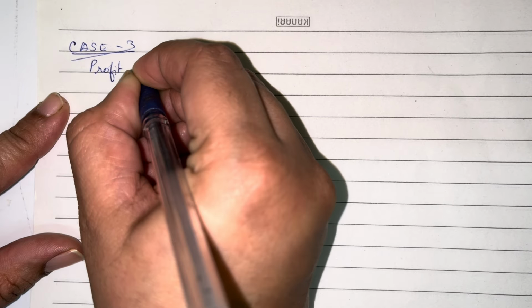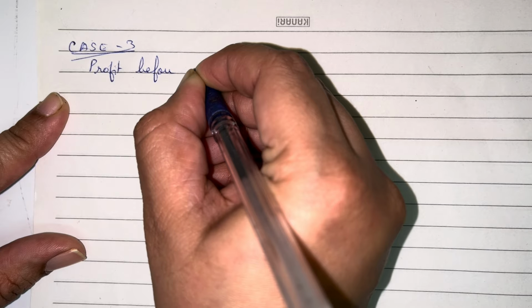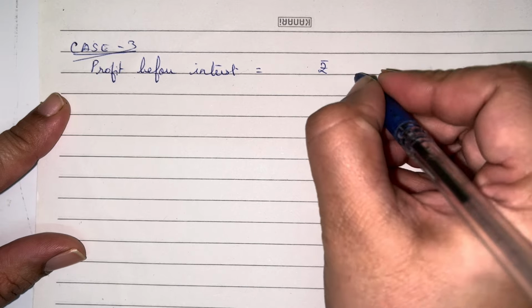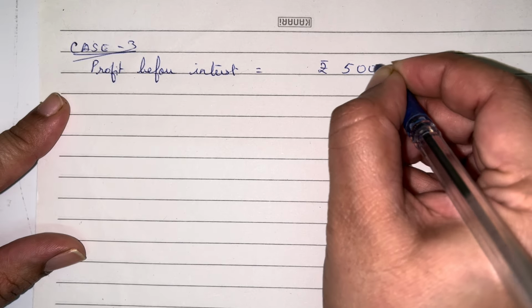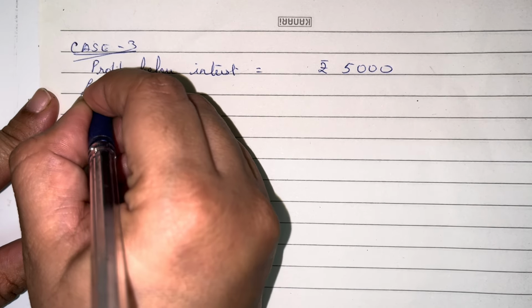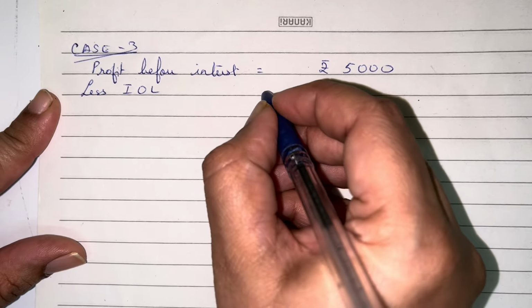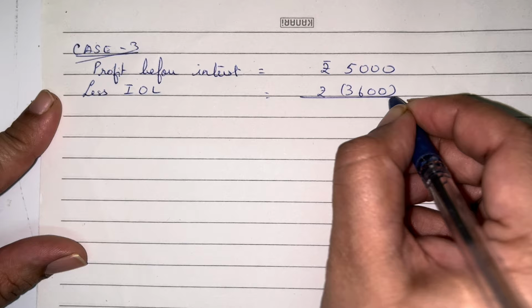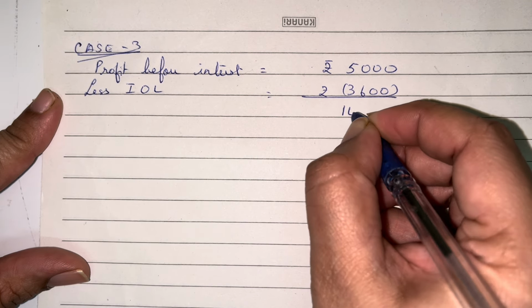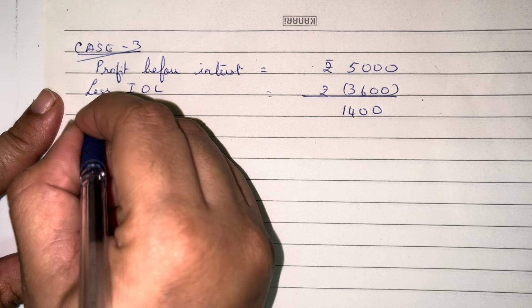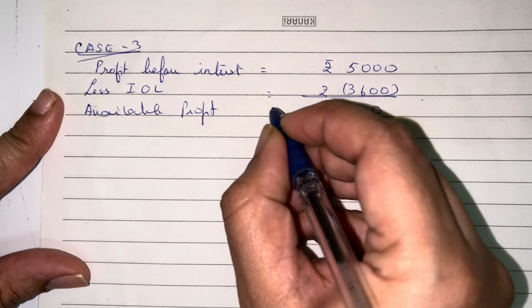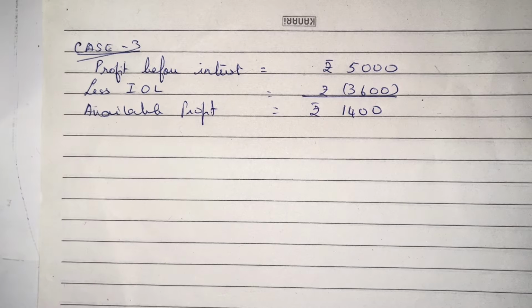So we'll write profit before interest is equal to rupees 5,000 less interest on loan is rupees 3,600. Okay, so here the available profit with us is rupees 1,400.